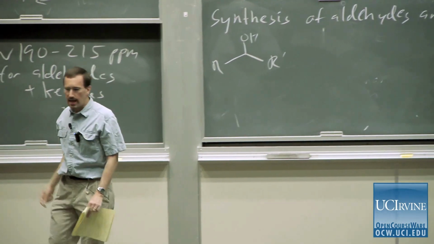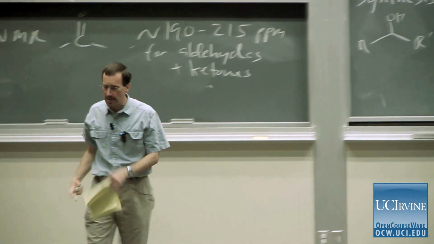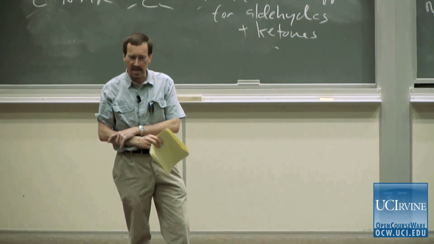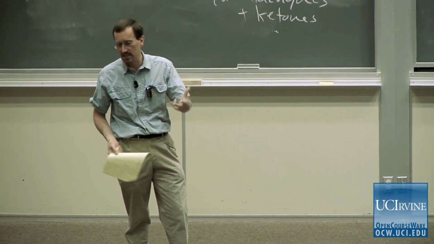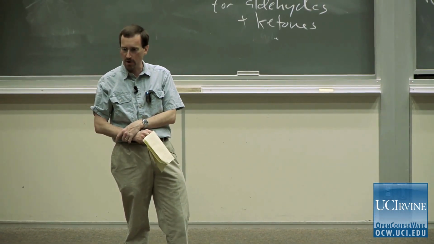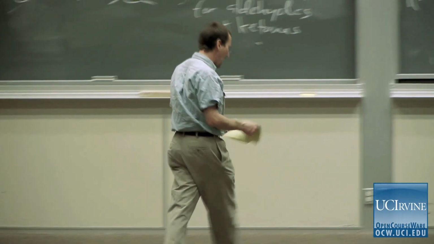Chromium-6 is a very common oxidizing reagent, often in the form of potassium chromate or potassium dichromate or sodium dichromate or chromium trioxide.